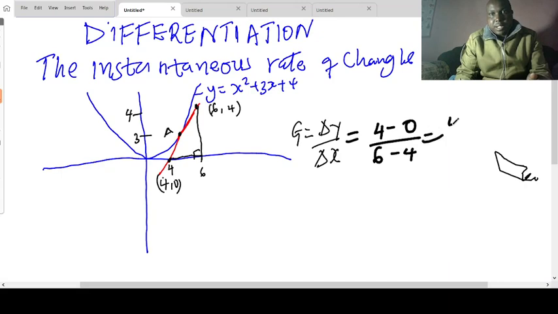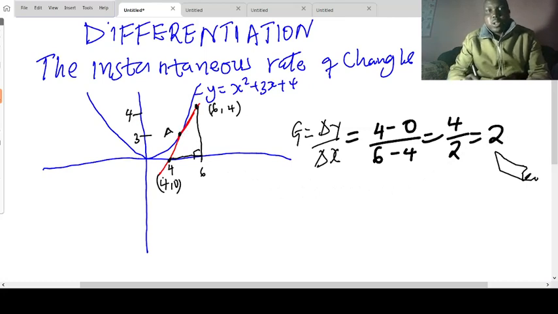And this one will give us 4 over 2. So meaning the gradient is 2, and that will give us the instantaneous rate of change at point A. So when you are looking for instantaneous rate of change, find the gradient at that point, and you are done.